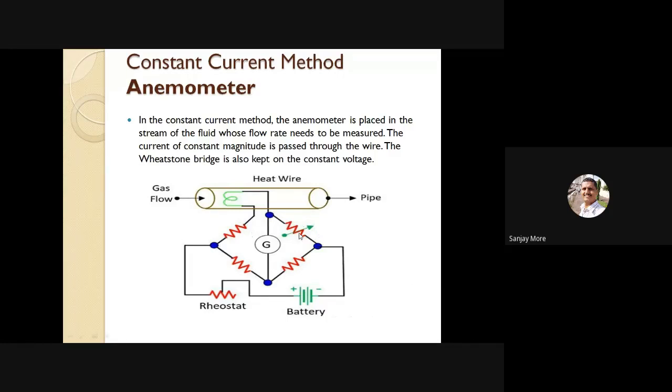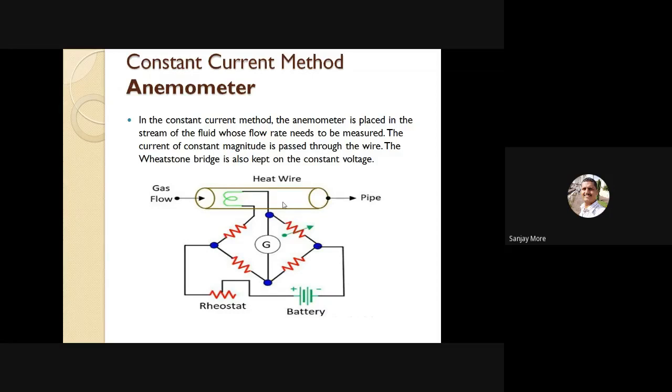This is the Wheatstone bridge circuit, rheostat, source supply, battery, and here gas flows in and out. Here you have to measure the flow rate with the help of the hot wire and constant current.